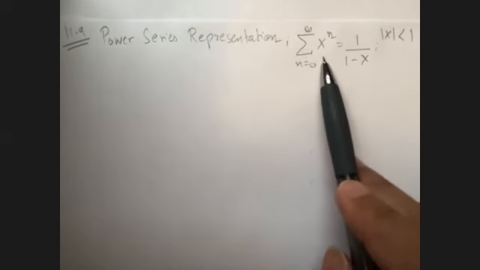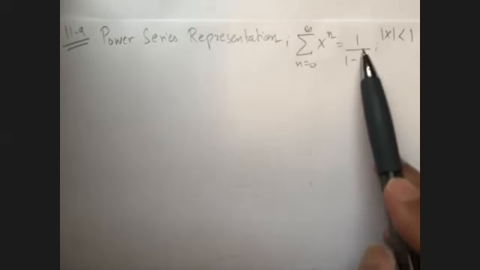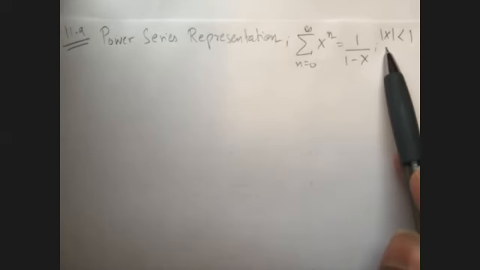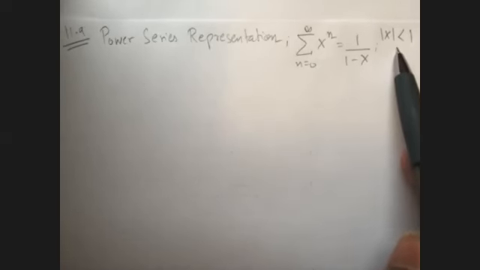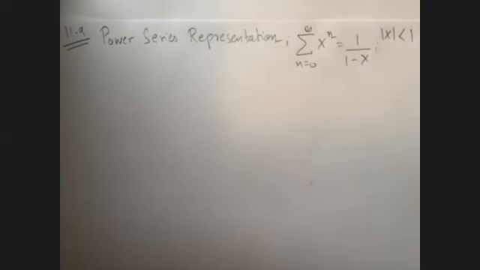So a geometric series like this equals 1 over 1 minus x when the absolute value of x is less than 1. Let's do some problems.